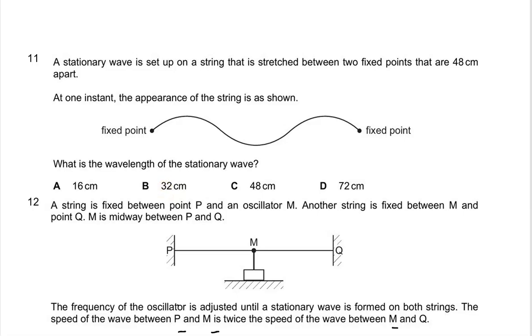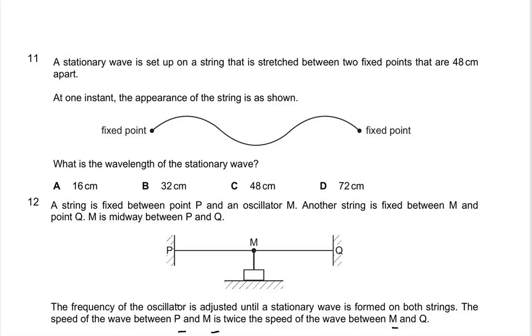Number 11, a stationary wave is set up on a string. The length from the first fixed point to the other fixed point is 48 centimeters.